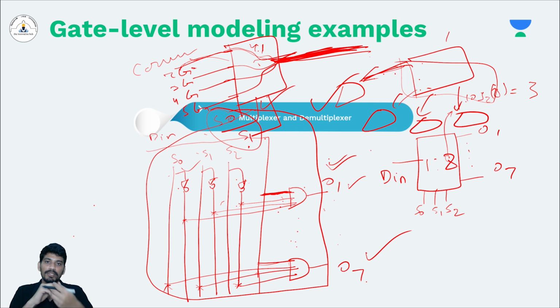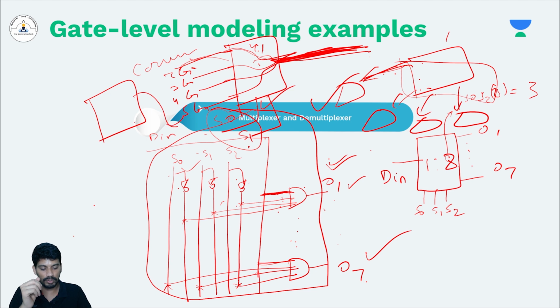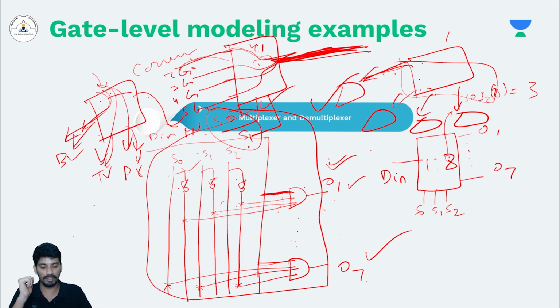And the demultiplexer does the opposite. Let's say you have a computer and you want to connect the output to four different channels, like a Bluetooth speaker, TV, printer, or fax machine. You have to decide which path the data should be sent to: whether to the speaker, TV, printer, or fax.